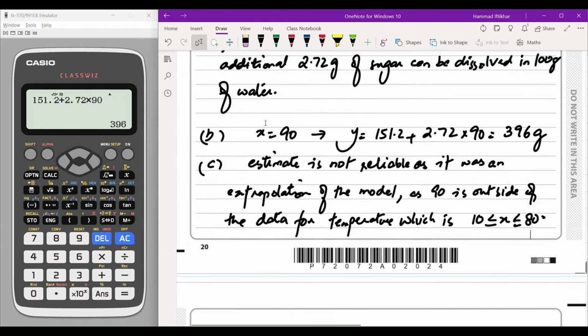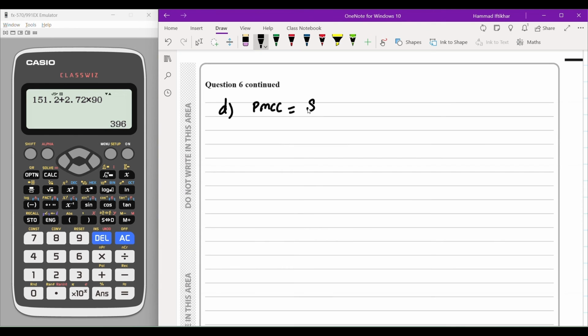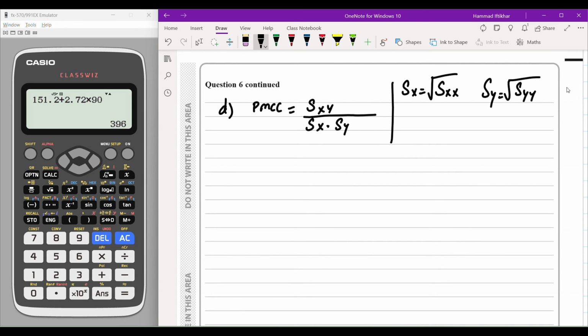Okay, so the product moment correlation coefficient is equal to Sxy divided by SxSy. Now, how do we know what Sx is? Sx is the square root of Sxx, and Sy is the square root of Syy. So we need to find both of them first.